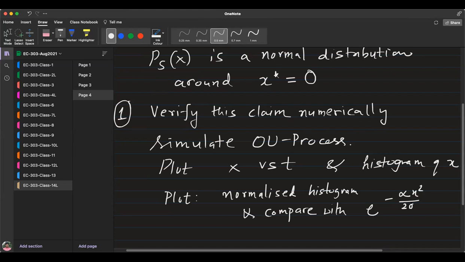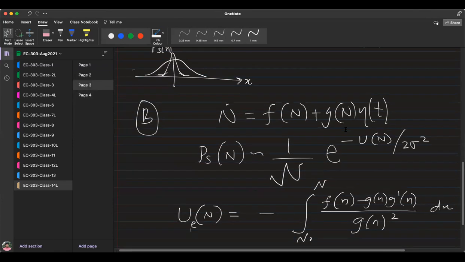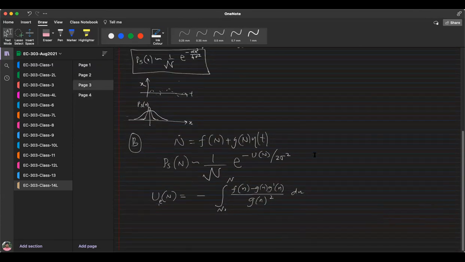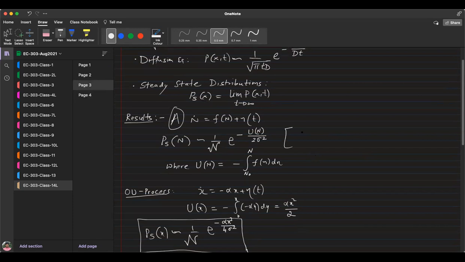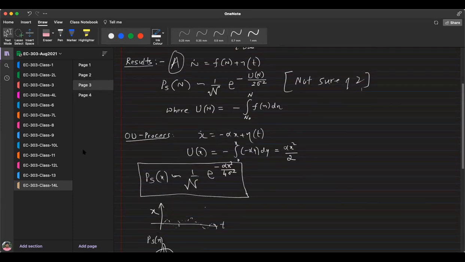I think it's actually 2 sigma squared. Huh? No? Not sure. 2 versus 4. I should actually write that here also. I have a feeling there was no 2 here. I'll just check and confirm later.